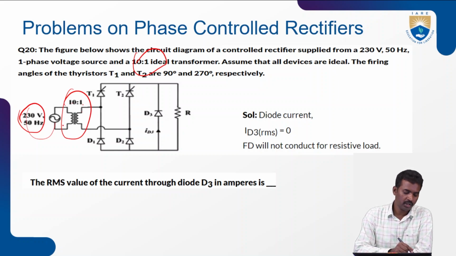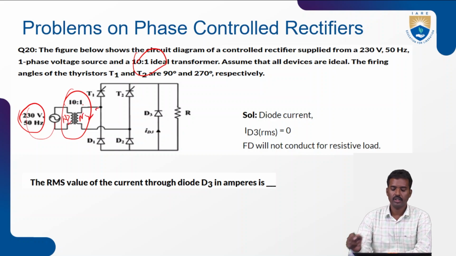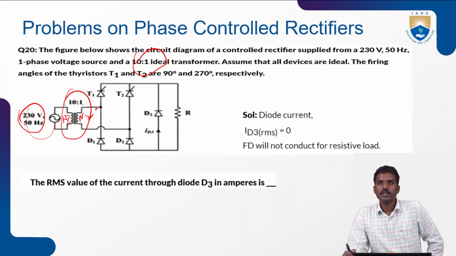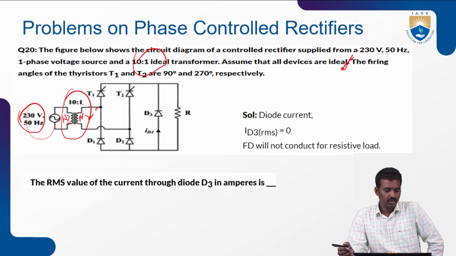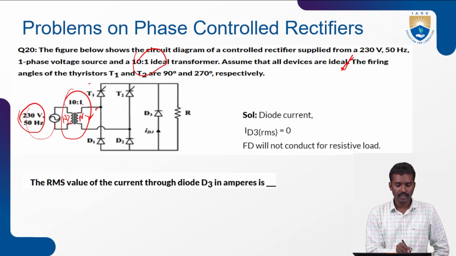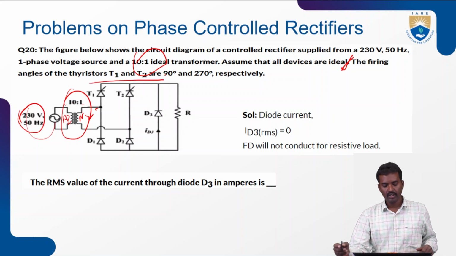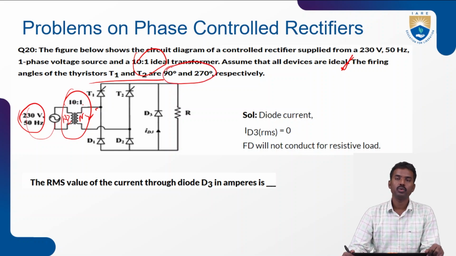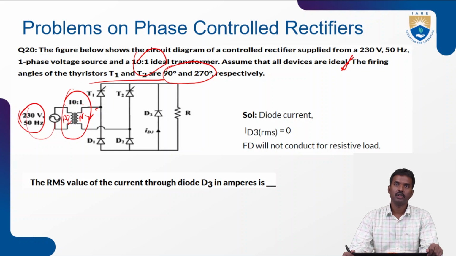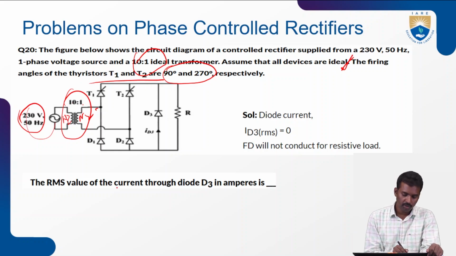So the number of turns in the primary is greater than the number of turns in the secondary. Assume all the devices are ideal. The firing angles of thyristors T1 and T2 are 90 and 270 respectively. Calculate the RMS value of current flowing through D3.